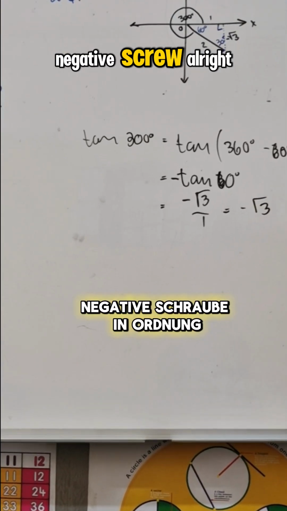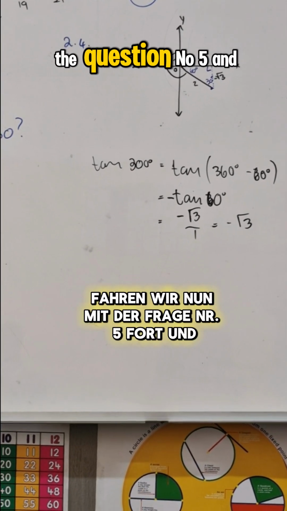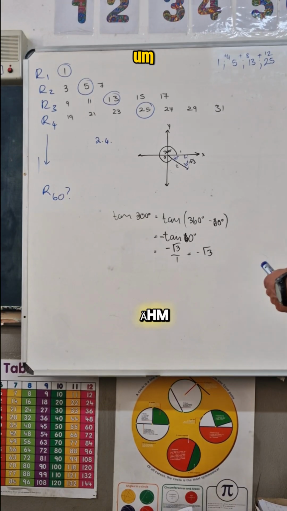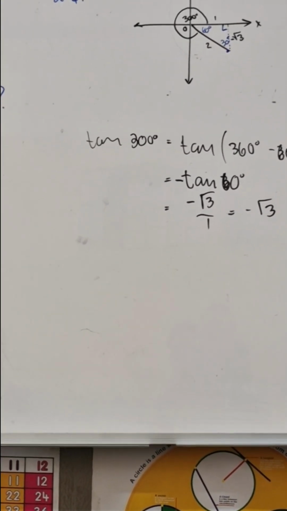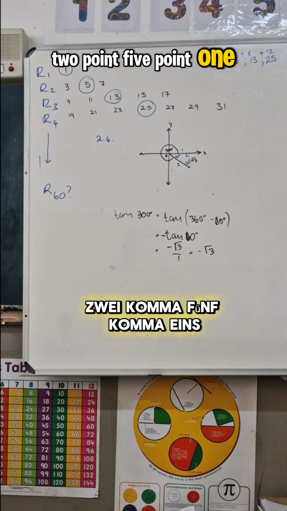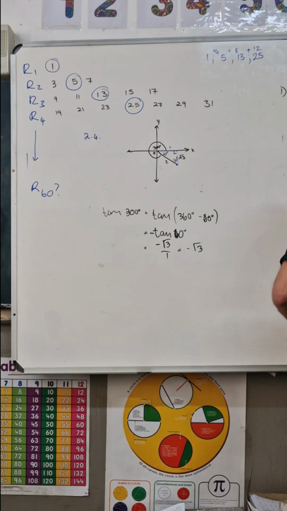Alright. Now we're going to continue with question number 5. At question number 5 there, we have 2.5.1, which says simplify as far as possible.